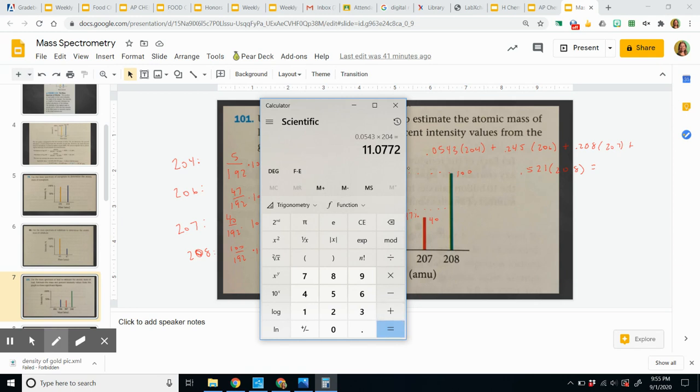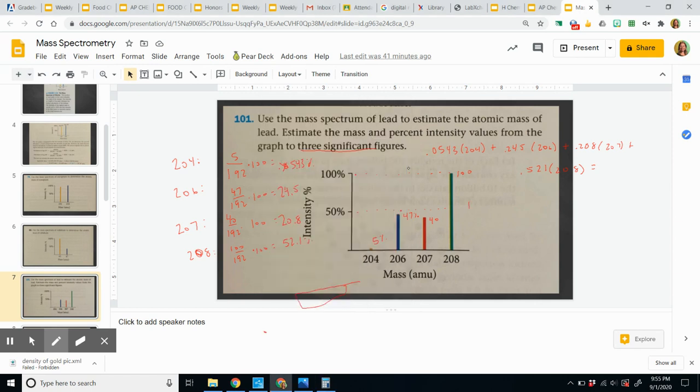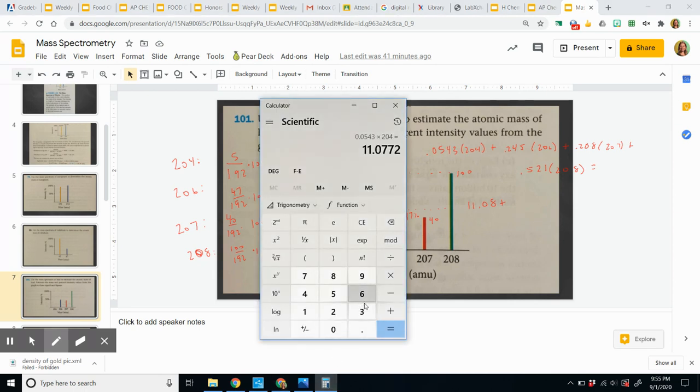Okay, so we have 11.08 plus 0.245 times 206, 50.47.